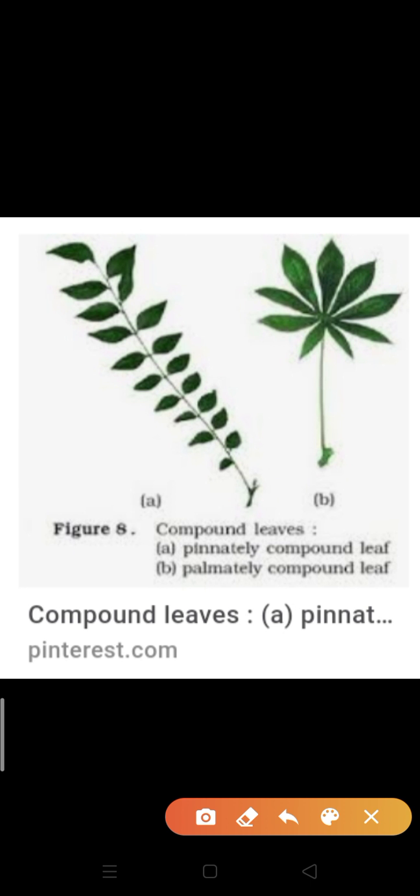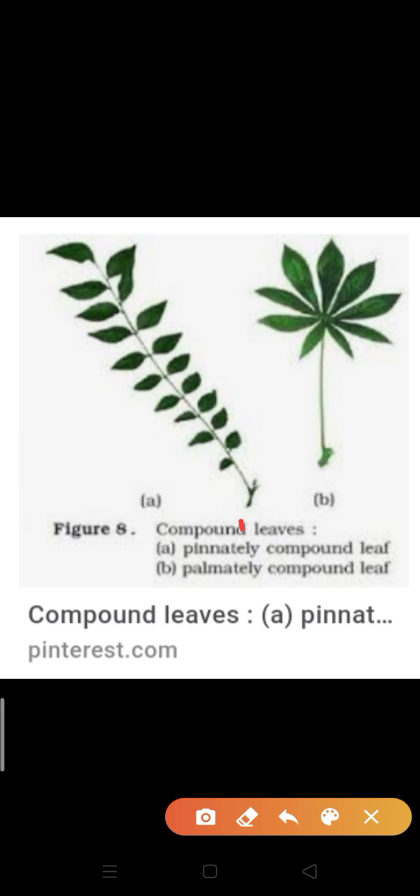You can see here it is incised, as I told you, up to the midrib or petiole. Compound leaf is also of two types: pinnately compound leaf and palmately compound leaf.